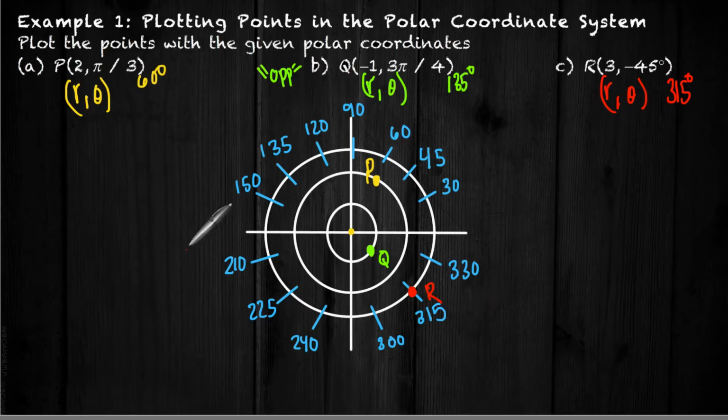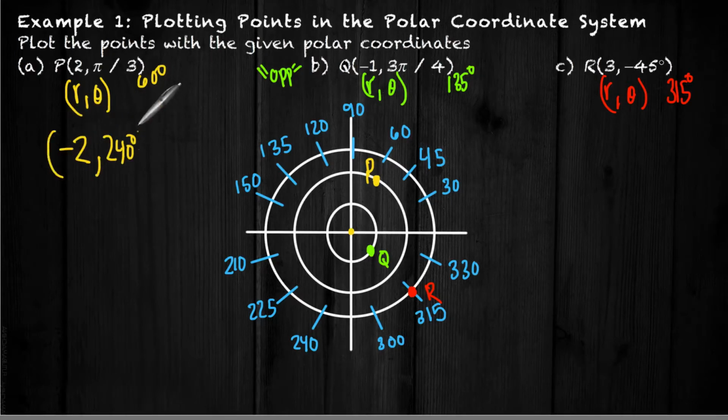Now a lot of times you will have to describe these points using 2 different pairs of polar coordinates. So 2 units in the direction of 60 degrees is the same as going 2 units in the opposite direction of 240 degrees.